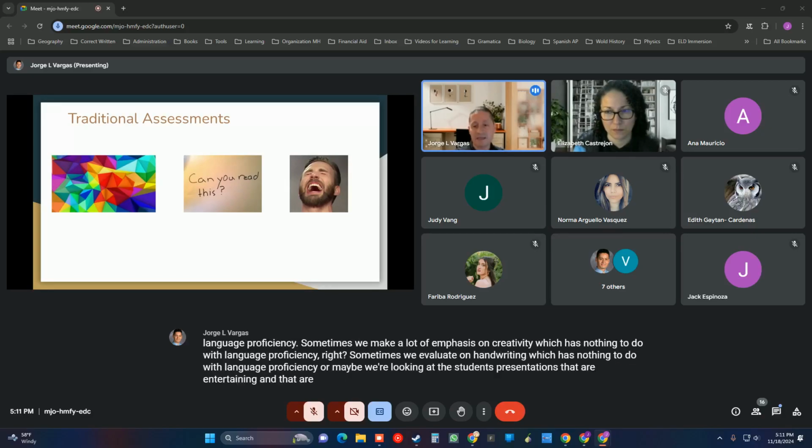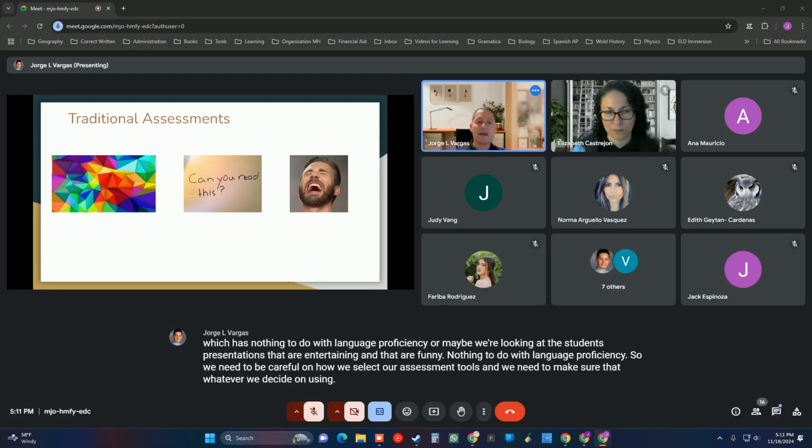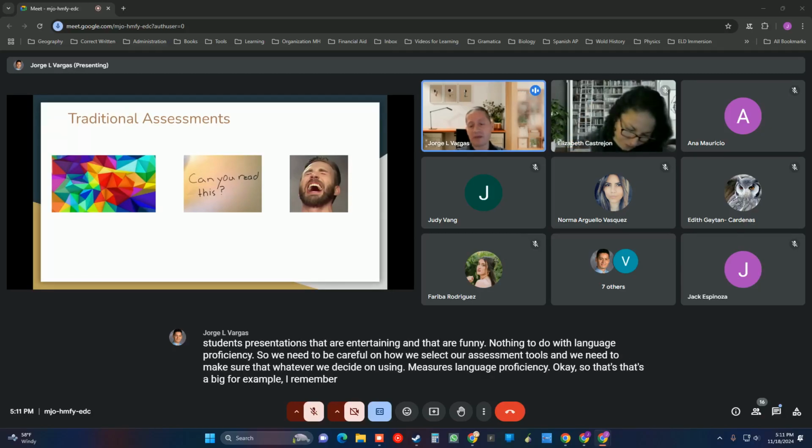For example, I remember one time my daughter was taking a Spanish class at a community college, and she got some points deducted because her handwriting was too small. So I questioned that and said, "But what does that have to do with language proficiency?" Nothing.